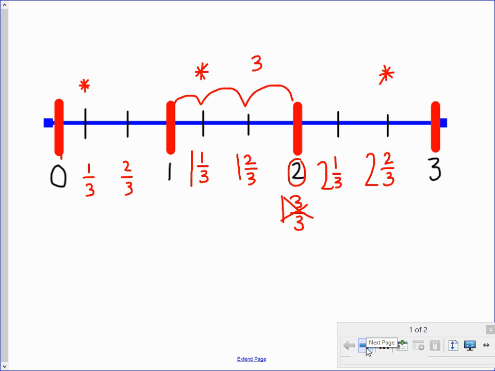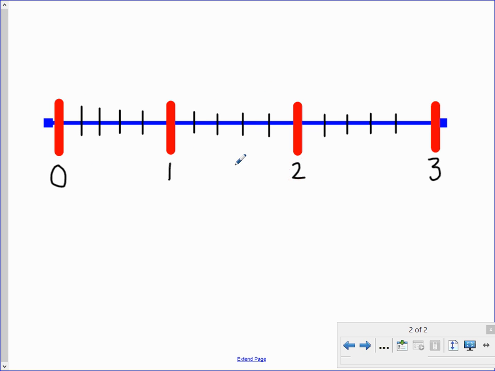Okay, now the second part, let's look at this a different way. Let's say now, okay, we already know to count the jumps to figure out my denominator, so I'm going to count 1, 2, 3, 4, 5. So up here, I'm just going to make myself a little note that 5 is my denominator. And I'm just going to abbreviate for the sake of the video.